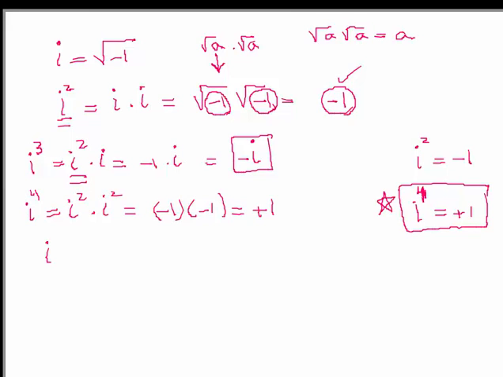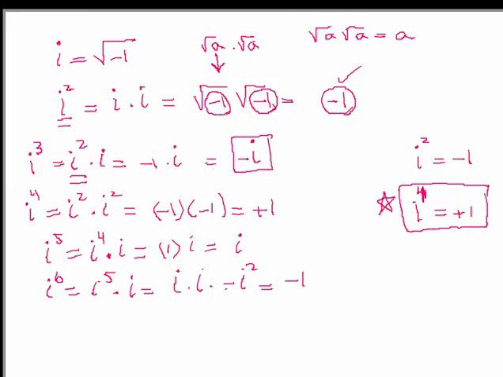i to the power of 5 would be i to the power of 4 times i. i to the power of 4 is already 1, times i, so that would be equal to i. Now i to the power of 6 would be i to the power of 5 times i. i to the power of 5 we already figured is i, so i times i is i squared, and we already know i squared is equal to negative 1.